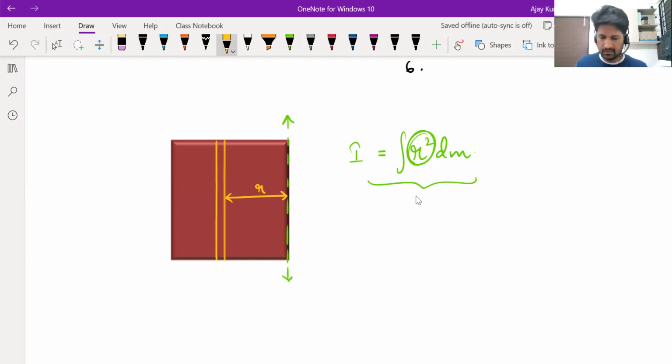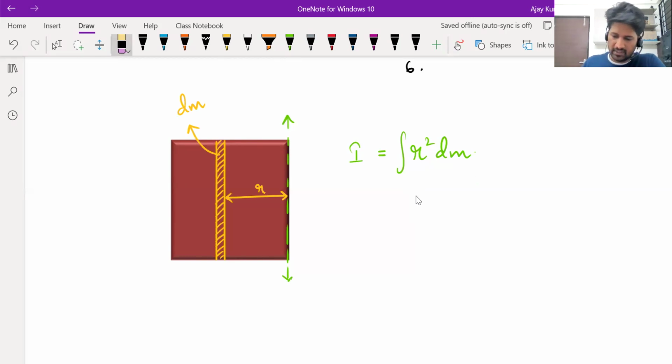So you can say that this rectangular strip, if you assume the width tends to 0, is like a rod. So this entire mass, you can call it dm, is at the distance r from the given axis. So what we now need to do in order to integrate this is to express dm in terms of dr.